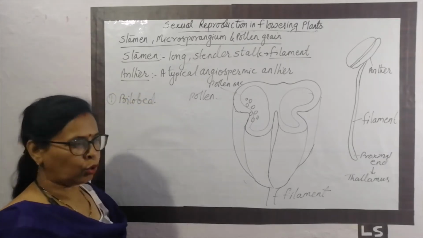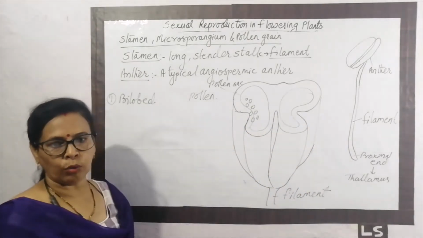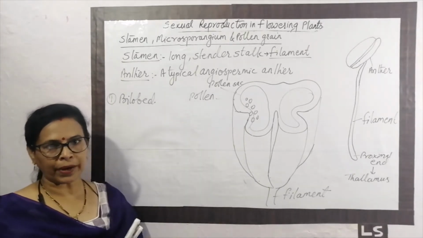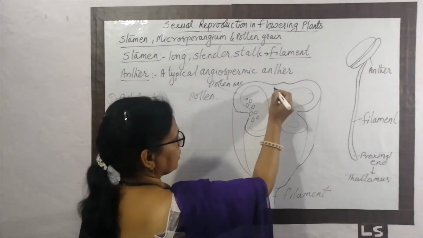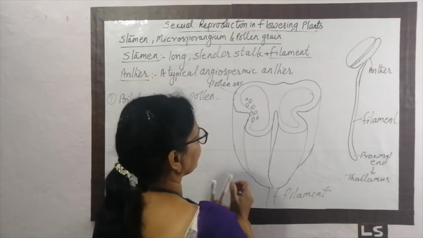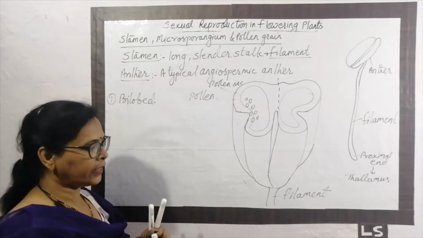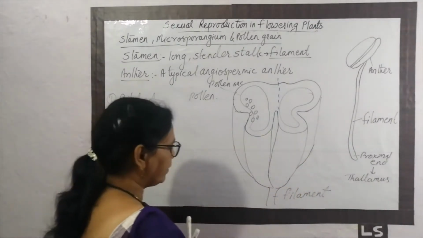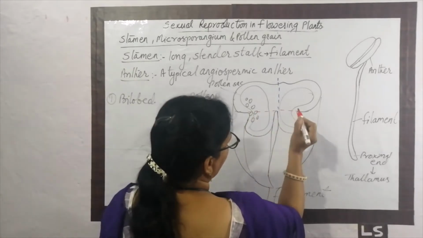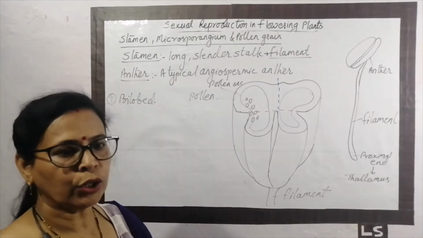Bi means 2, and lobe means the lobes by which it is formed. Each lobe has 2 parts, and that part is called theca. One and one. So it is bilobed in nature, having two thecae.